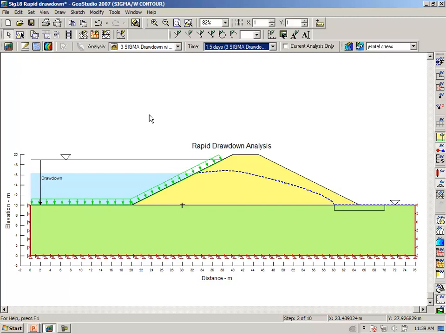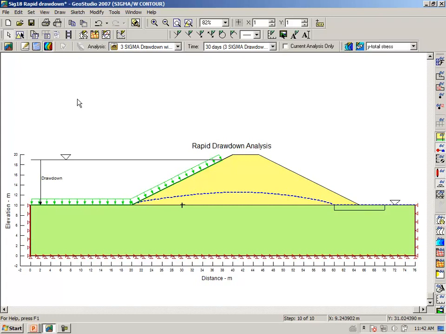Drawing the reservoir down after a day and a half. After 2.5 days, and after 4 days, and after 6 days, the reservoir has been completely drawn down, but the pore pressure inside the embankment continues to dissipate with time. And I believe that we have a maximum of 30 days after the reservoir started to be drawn down.